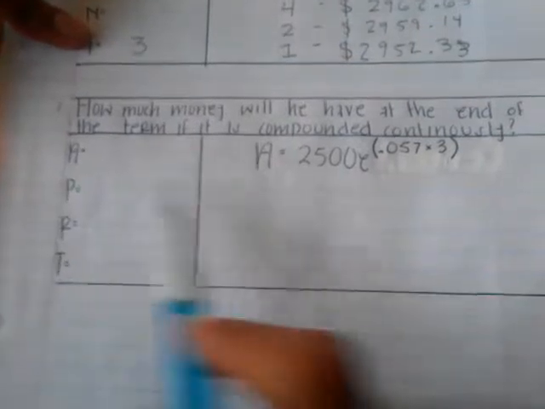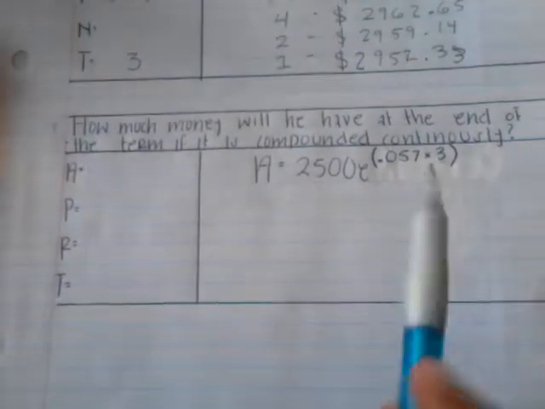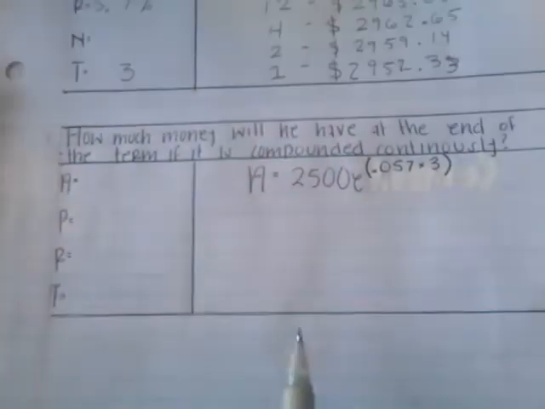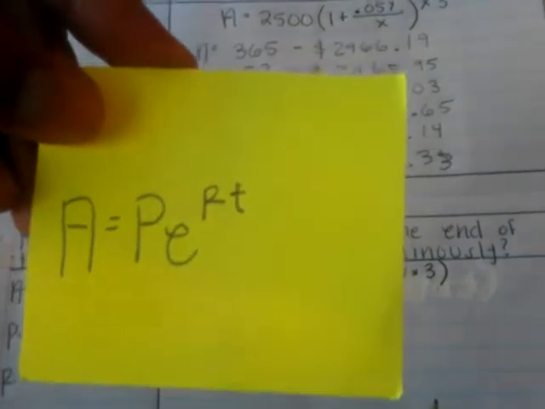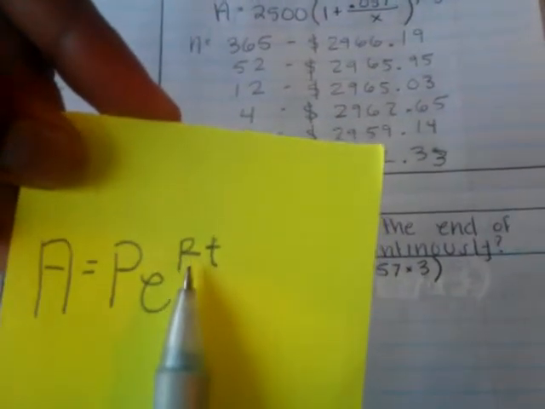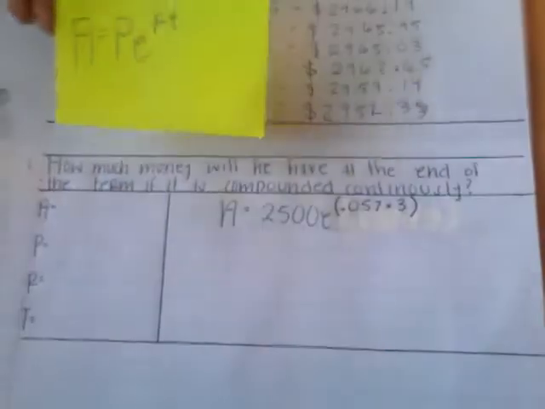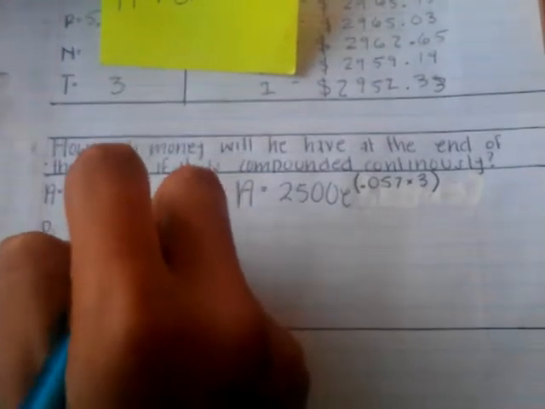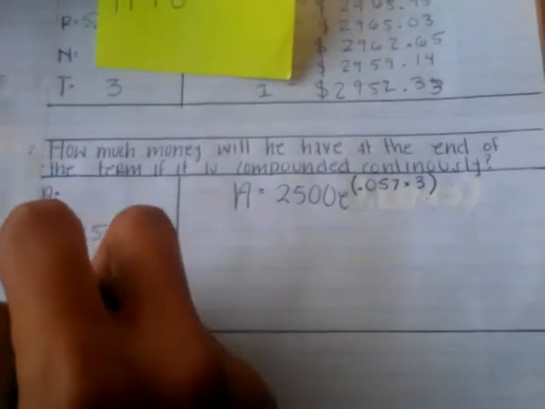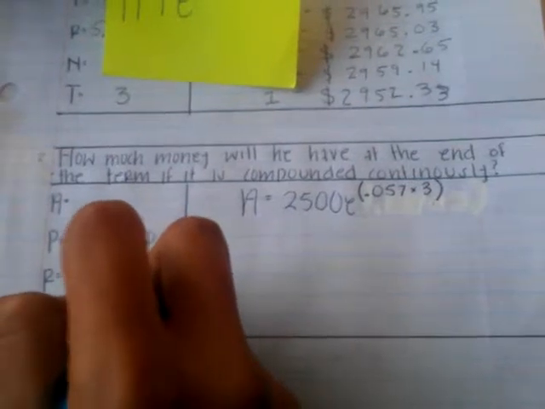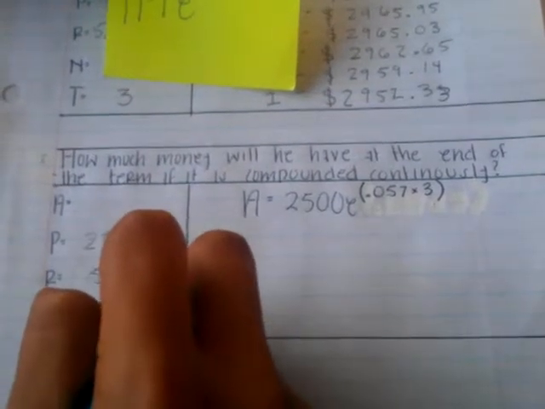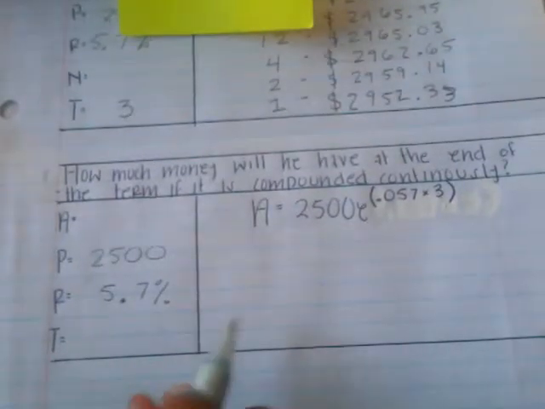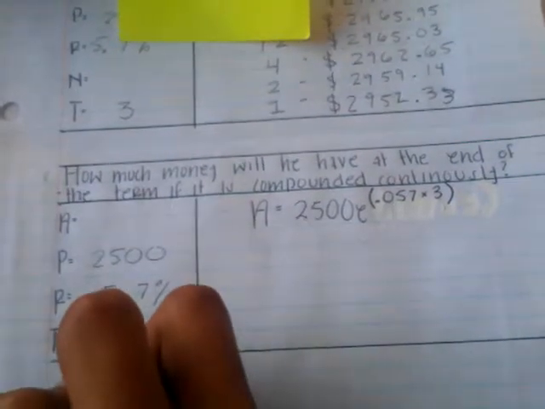How much money will he have at the end of the term if it is compounded continuously? For this problem, I would be using a new equation, which is A equals P e to the power of rt. So I know that P equals 2,500, r equals 5.7%, and t is 3 years.